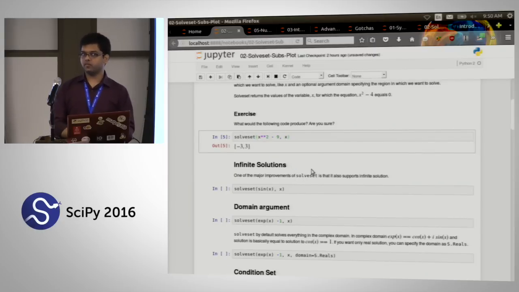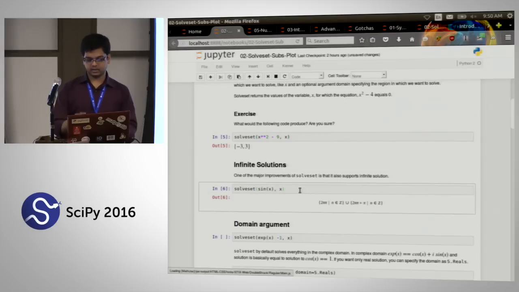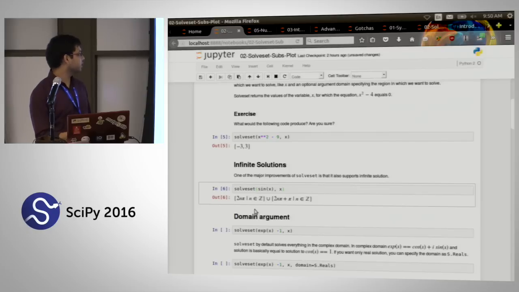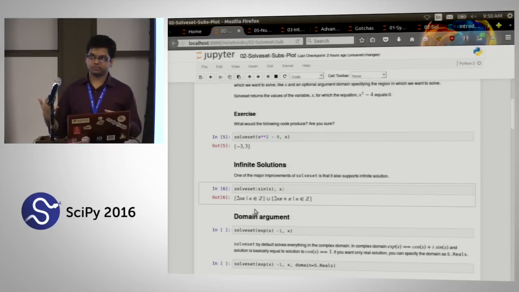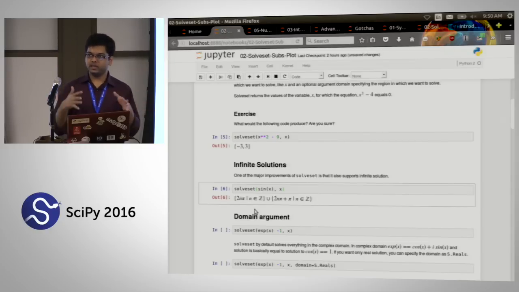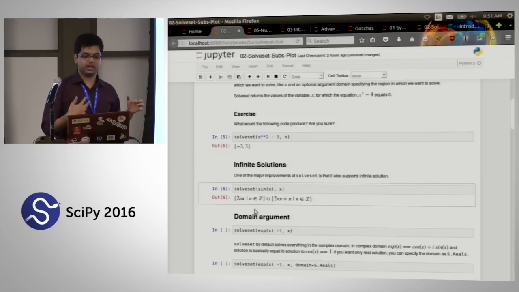One very new thing about solve set is it can also represent solutions which are infinite. So for example, if I'm trying to solve for sin x, it gives the set 2n pi for any integers, union 2n pi plus pi for any integers. It should be n pi for any integers, but we are still working on that so that we get the simplest solution we can.